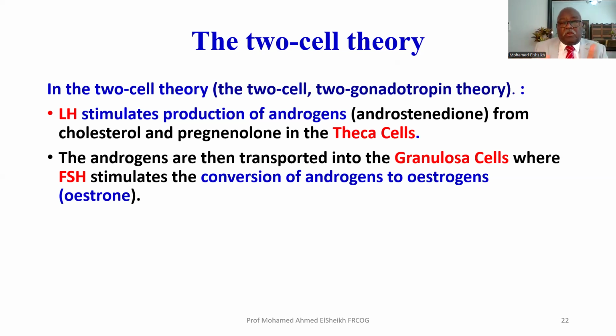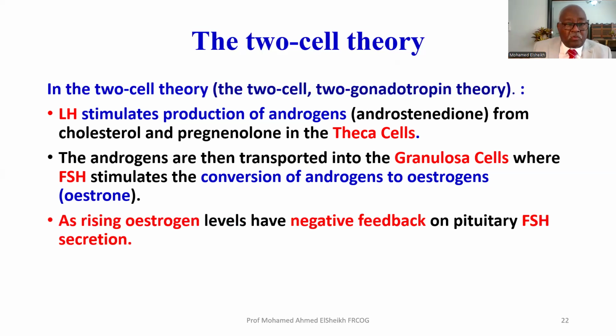So you can see initially androgens produced from either pregnenolone or cholesterol, produced by the theca cell, move from the theca cell of the ovary to the granulosa cell, where, through the action of FSH, these androgens are converted to estrogens.